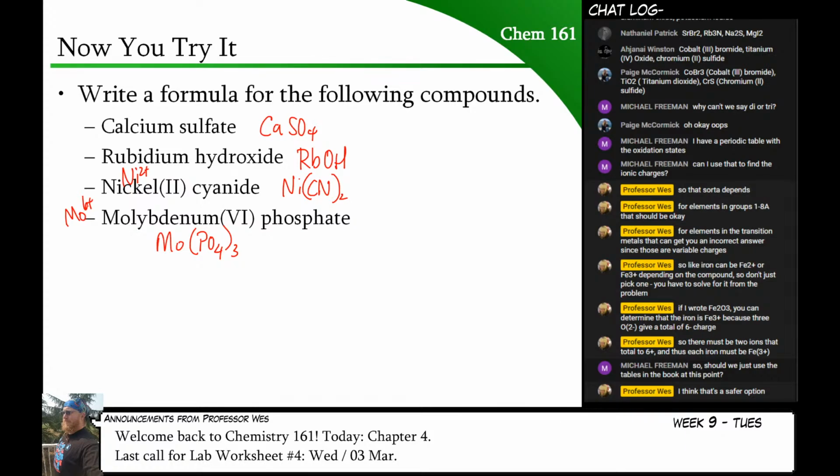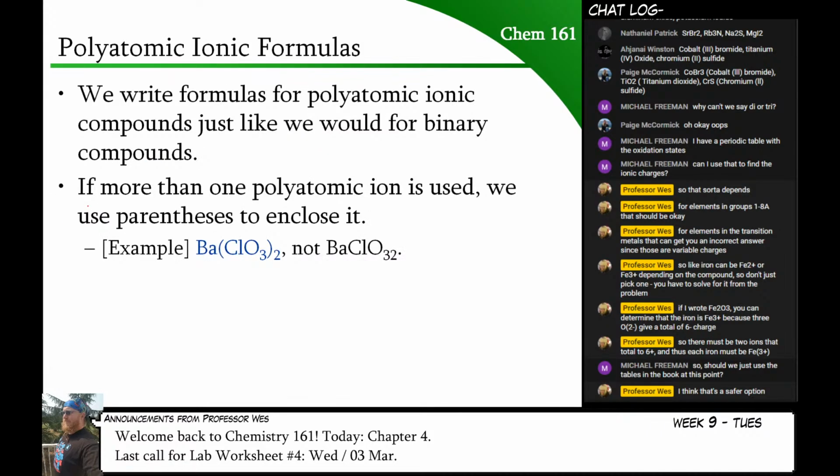All right. And then I have more slides of like, how do you write polyatomic ions? Well, you just put parentheses where you need to. So, for example, this is chlorate. If I have 2 of them, I got to put parentheses here and here. If I don't, I end up with this going on. Obviously, there's not 32 oxygens bonded to this poor chlorine.